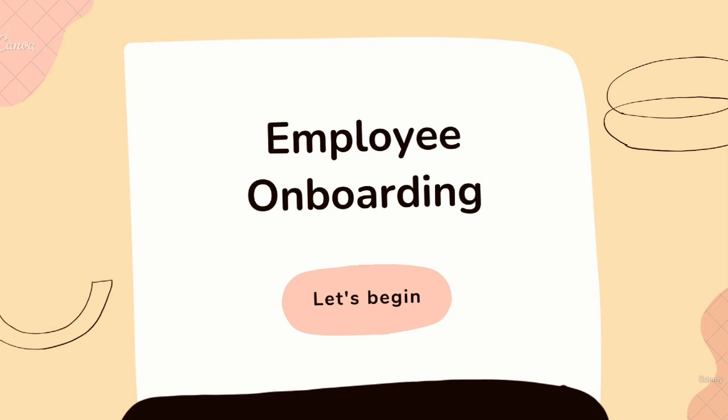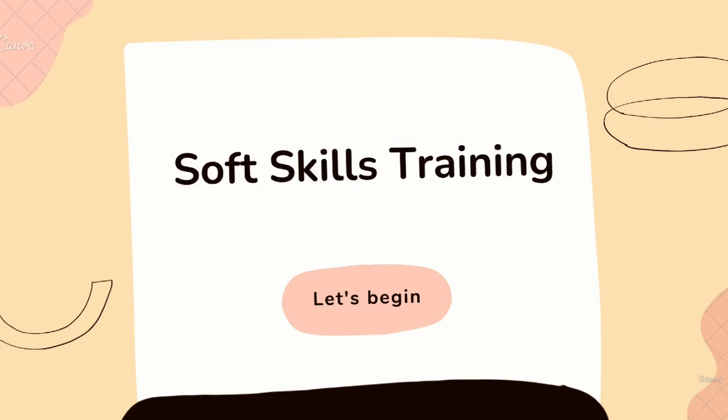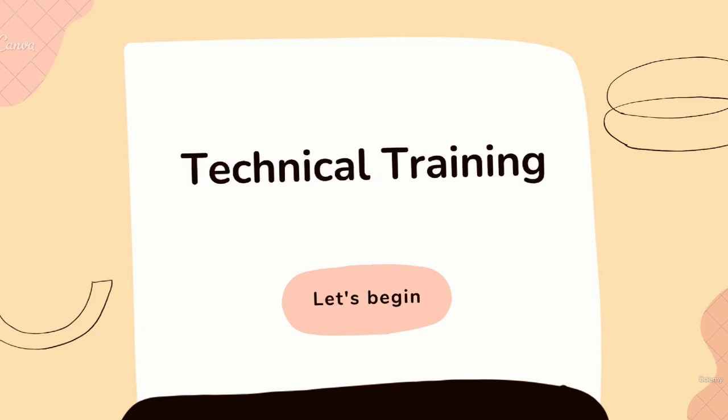Another example is when creating soft skills training. The explicit instruction model can be used to provide employees with clear and direct instruction on communication, teamwork, and problem solving. And when creating technical training, the explicit instruction model can be used to provide those same employees specific tips, tools, and enablement materials for software tools and equipment.